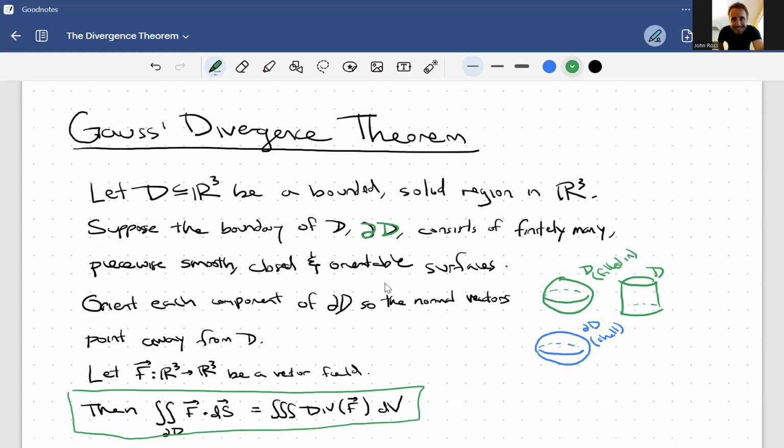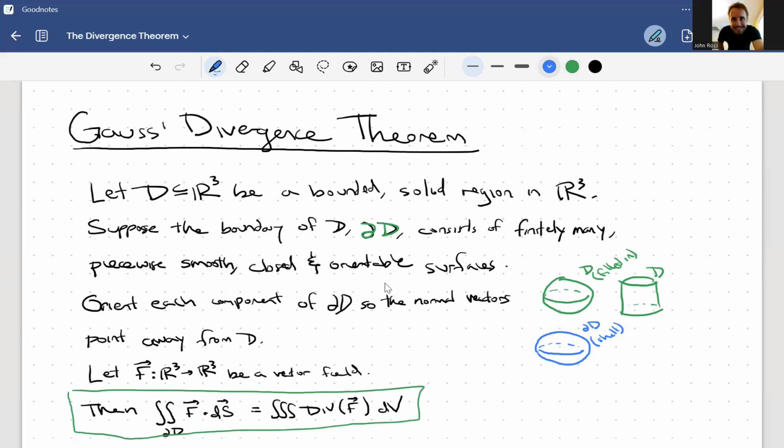And in the case of the sphere, you can see that this is a single surface, and it is smooth, and it is closed. Closed just means that it doesn't have any openings to it, like say an open interval would have an endpoint missing. There are no quote unquote missing pieces of this boundary of D.